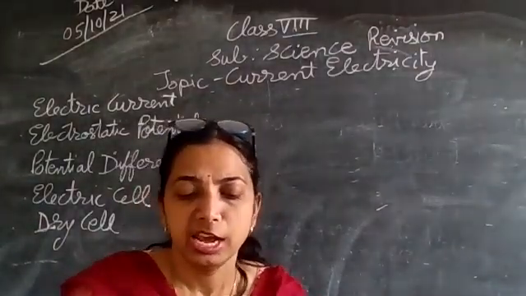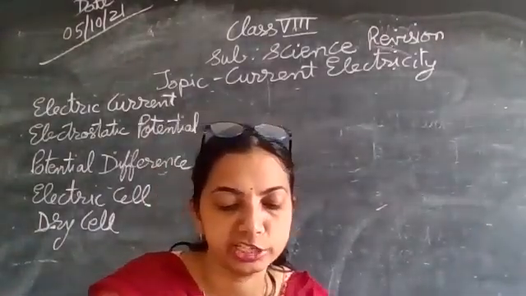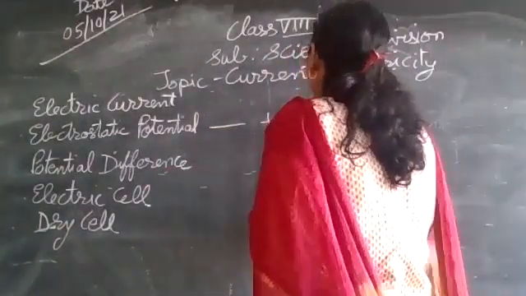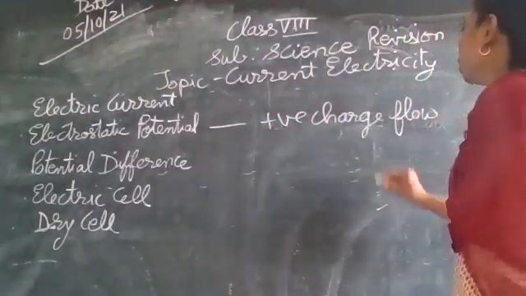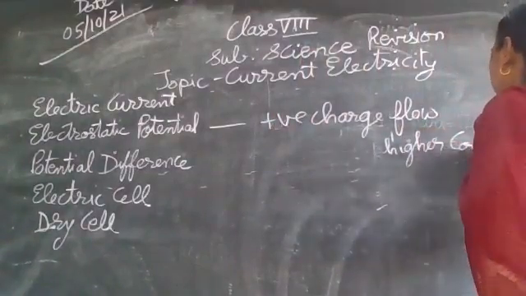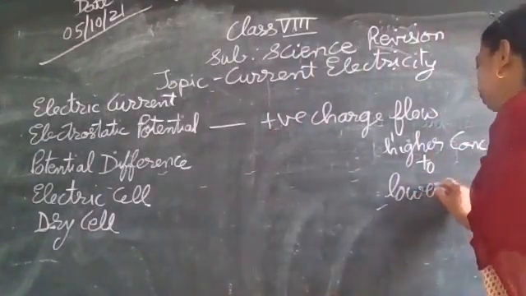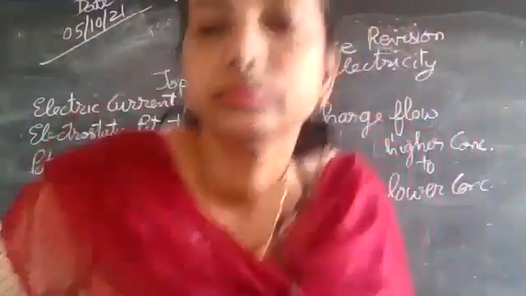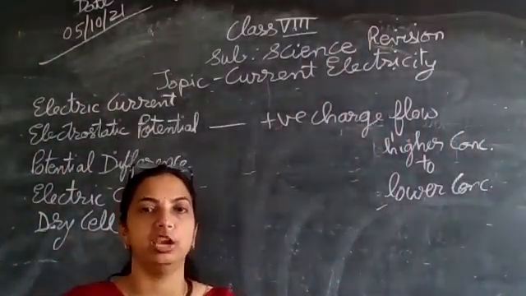This electric level deciding the direction of flow of electric charge is called electric potential. Here you see, positive charge will flow from where to where? From higher concentration to lower concentration. Okay? Got it? That is called electrostatic potential.